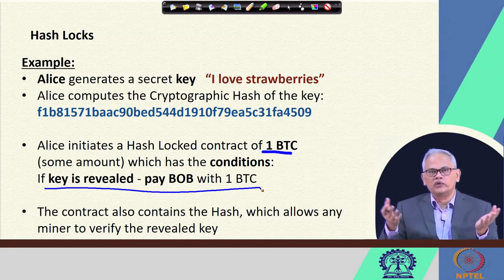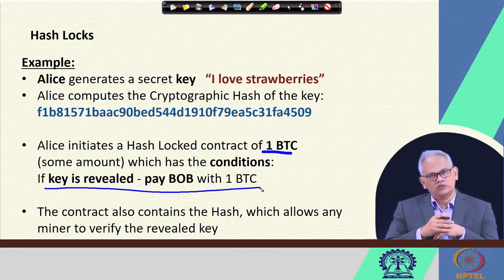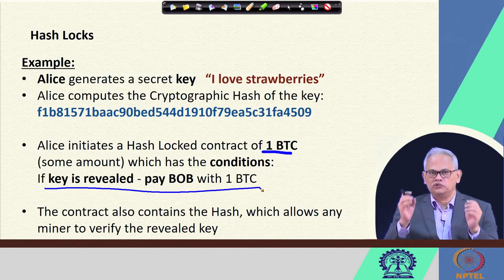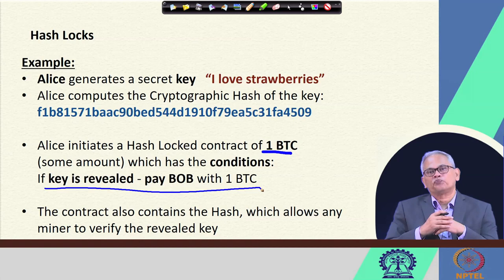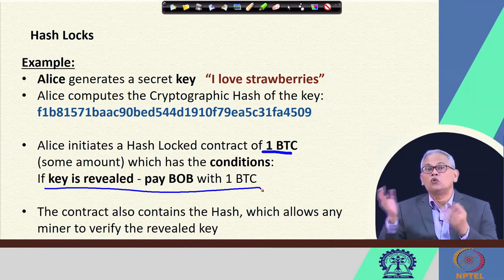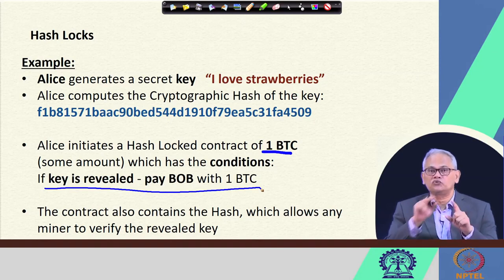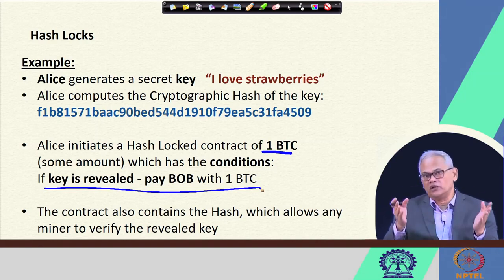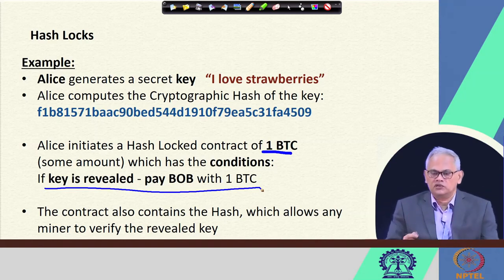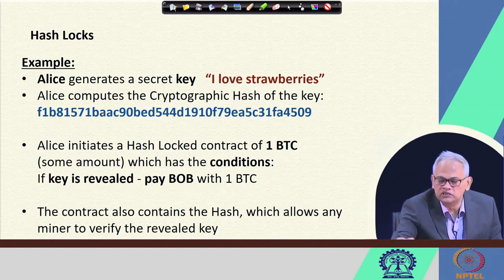As always in the context of blockchain operations, we would be in a position to verify that whatever was initially claimed to be the hash was indeed the hash once the key is revealed. If the hash of that revealed key does not match the hash in the contract, then we know that something is not correct, that this is not the actual key that was used to create that particular contract in the first place. So, that is how it works.